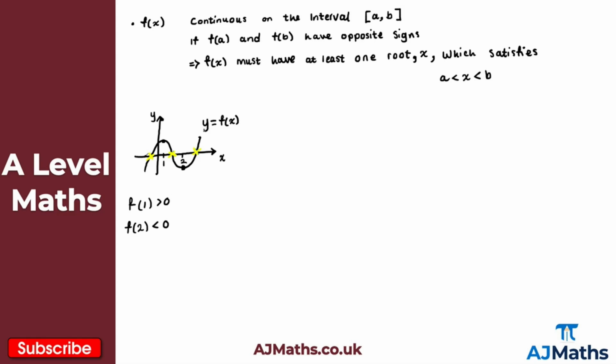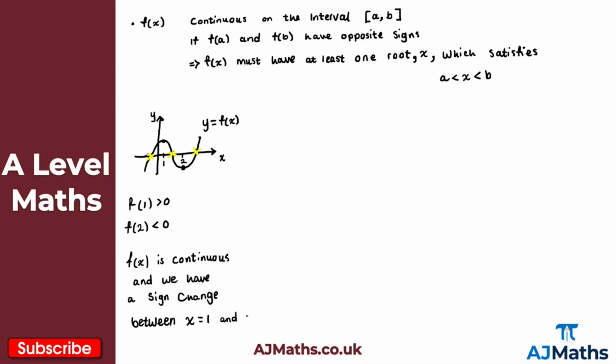I've got this cubic polynomial which is continuous. There are no gaps, no jumps between any points on my function. So f of x is continuous, and we have a sign change between x equals 1 and x equals 2.